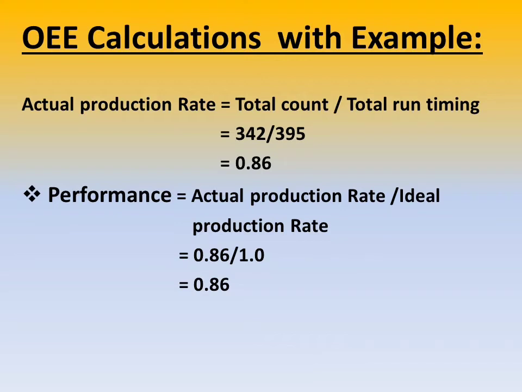Now that we know the actual production rate, we can easily calculate the performance. The performance is equal to actual production rate divided by ideal production rate, which is equal to 0.86 divided by 1. The performance is 0.86. In terms of percentage, 86%.